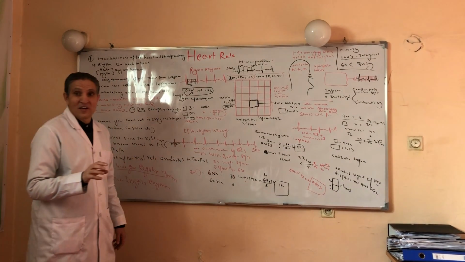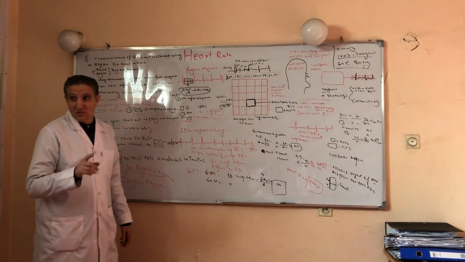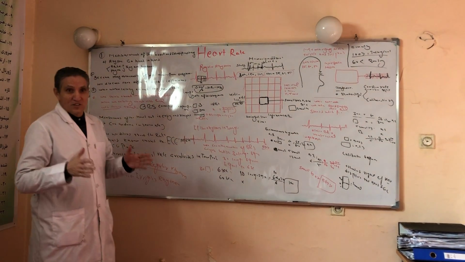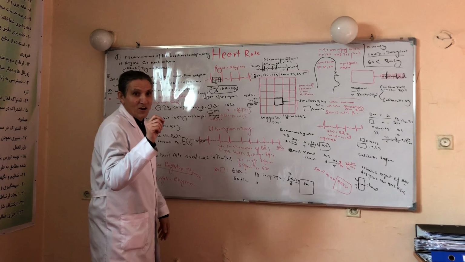When we want to learn about the heart rate, we should know about the ECG paper. If we don't know the ECG paper, we cannot get the exact number for the ventricular rate or heart rate.